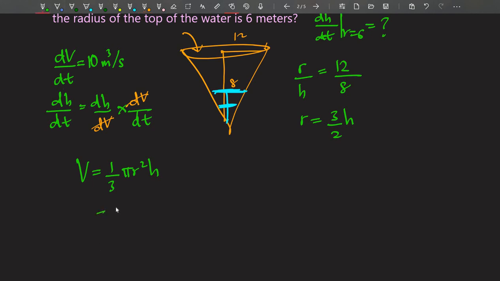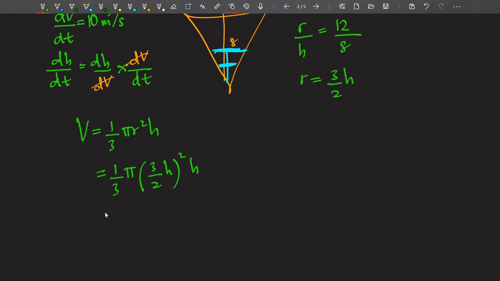So right now it will be 1 over 3 pi, R is 3 over 2 H, squared, remember, times H. So V is equal to, 3 squared is 9, divided by 3 is 3, so 3 pi H cubed over 4.